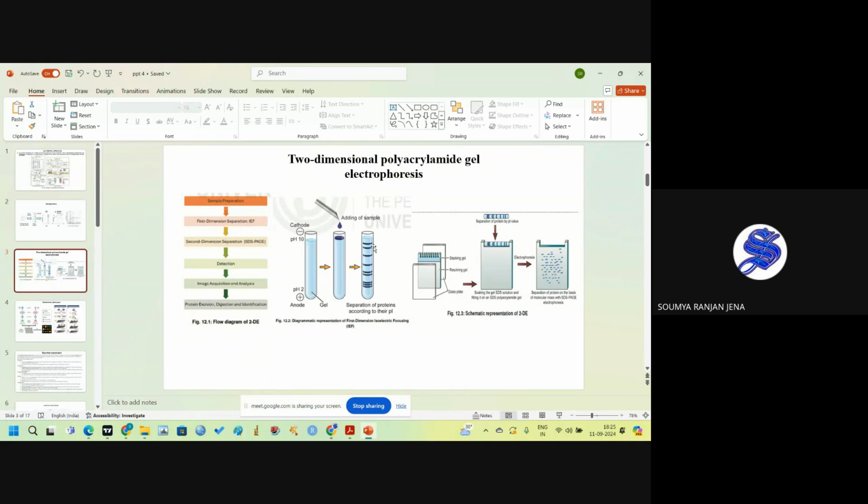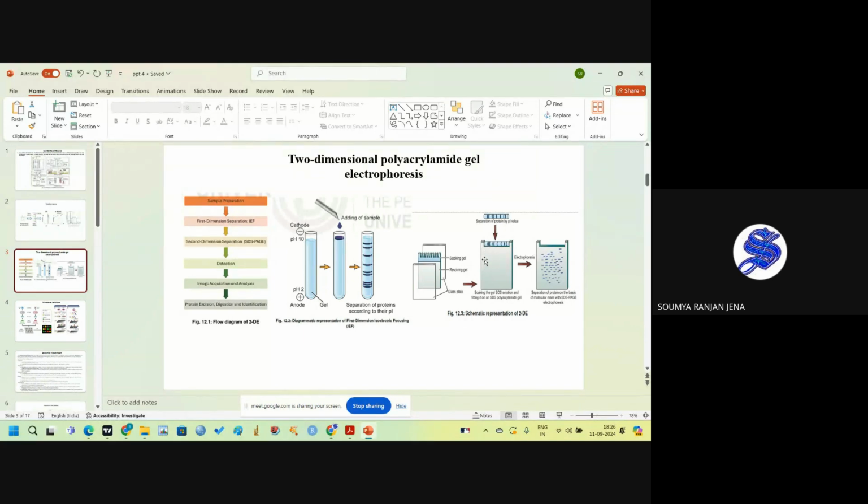But in isoelectric focusing, if the molecular weight of two proteins is the same but they have different isoelectric points, because they have different amino acid sequences, it will give different charge to that protein, and it will give a different pH gradient. According to the pH gradient, the proteins will be separated, that is called isoelectric strips. And this separation of protein is then put into the second dimension, that is SDS-PAGE.